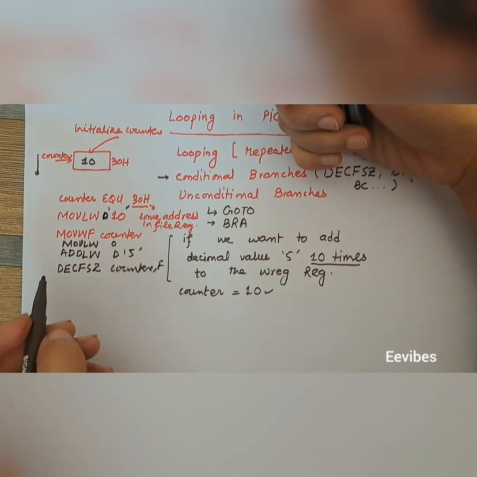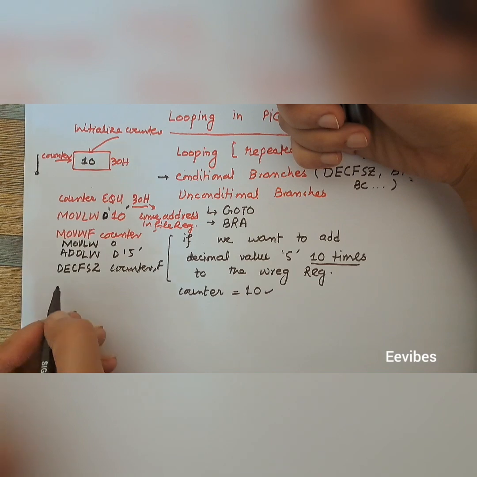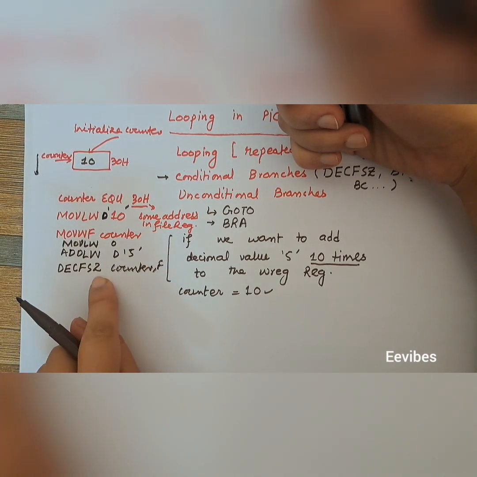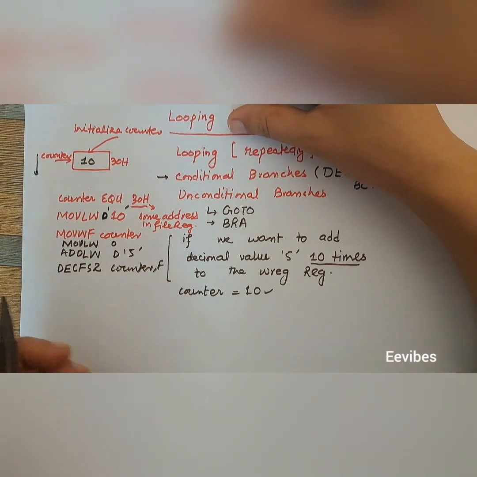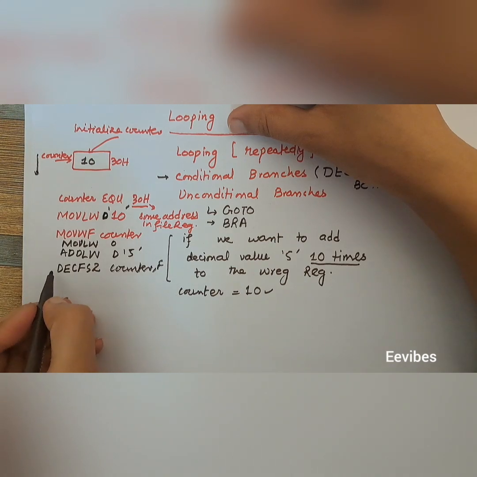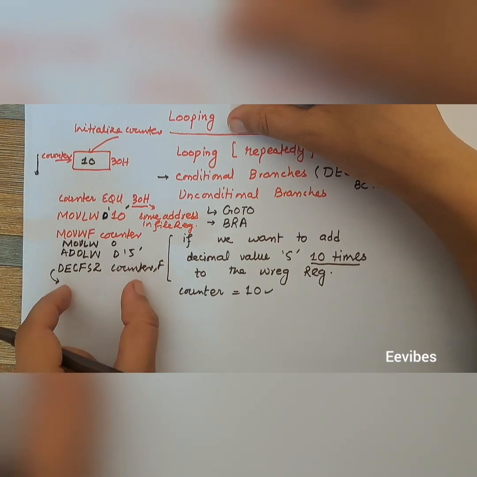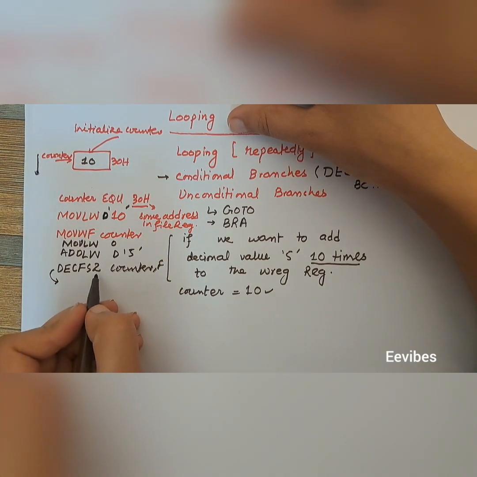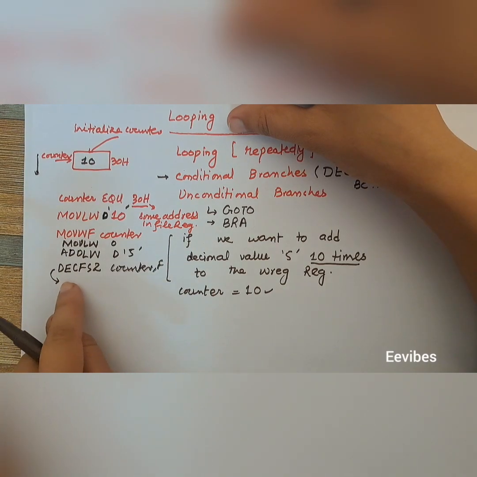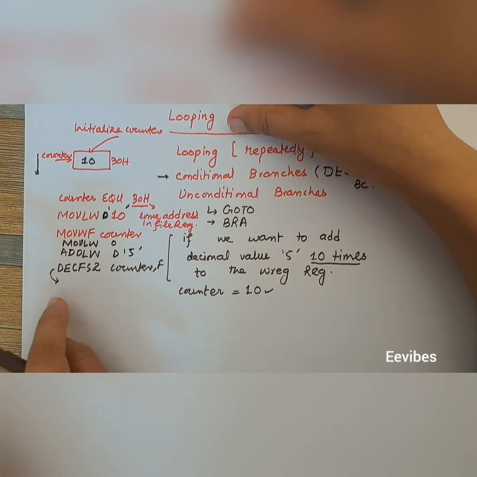Then if it is not 0, obviously the control should be transferred to the next statement where I want to do some task. If it is 0, it will discard the next statement and go to the other statement.